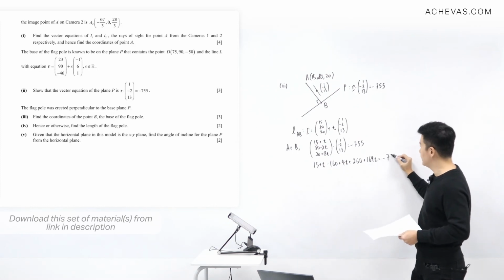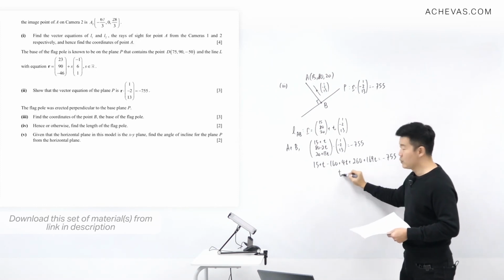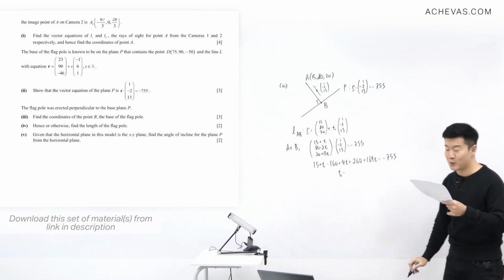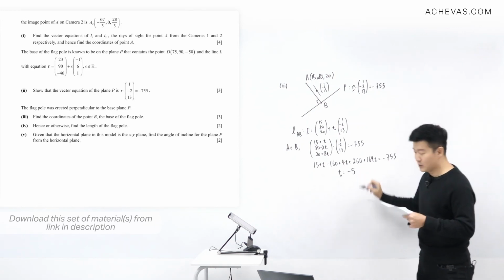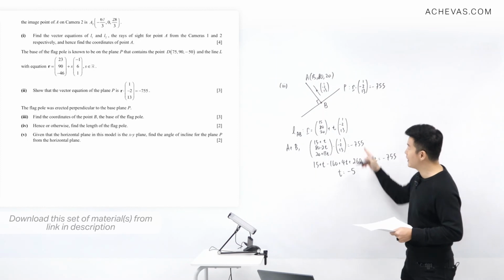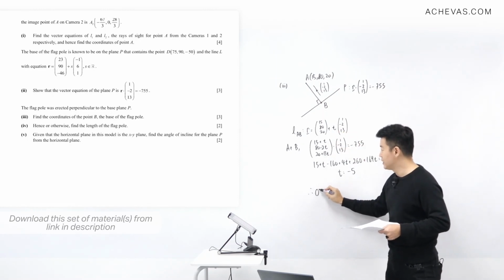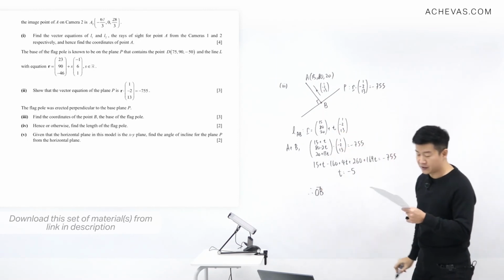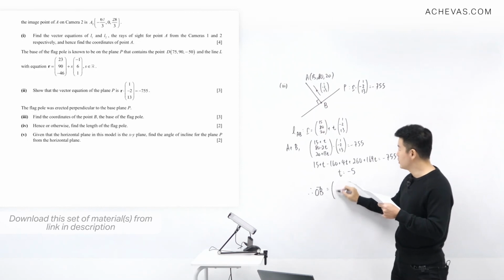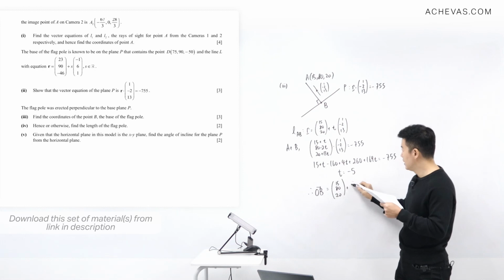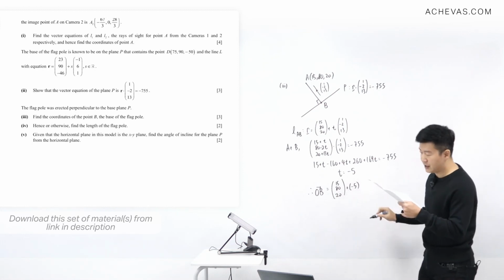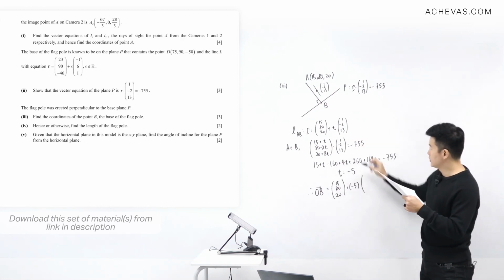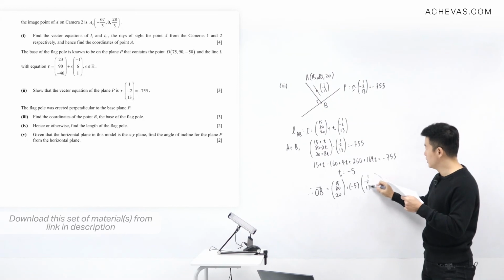This is equal to negative 755. We will be able to work out a value for T. It is equal to negative 5. And substituting this back into here should give us the position vector of B. So this is going to be equal to (15, 80, 20) plus T, which is negative 5, times (1, -2, 13).